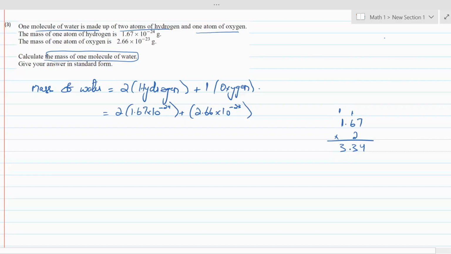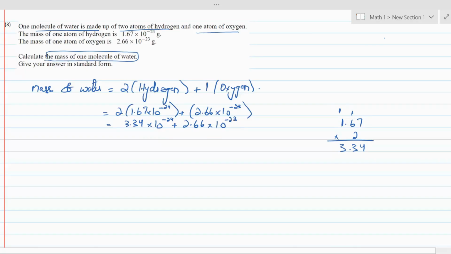And we're getting this as 3.34. We get 3.34 into 10 raised to the power minus 24. The 10's power, keep in mind, remains as it is. 2 will only be multiplied with 1.67. Plus 2.66 into 10 to the power minus 23.